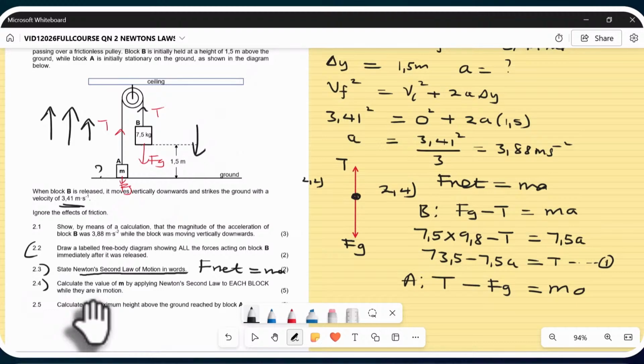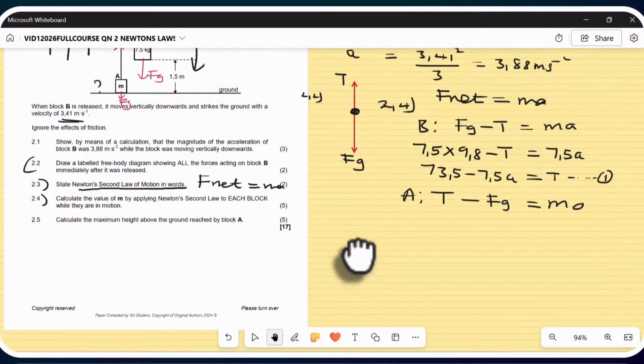I don't know the T yet, don't forget that. For block A, because it's going up, T minus Fg equals ma.